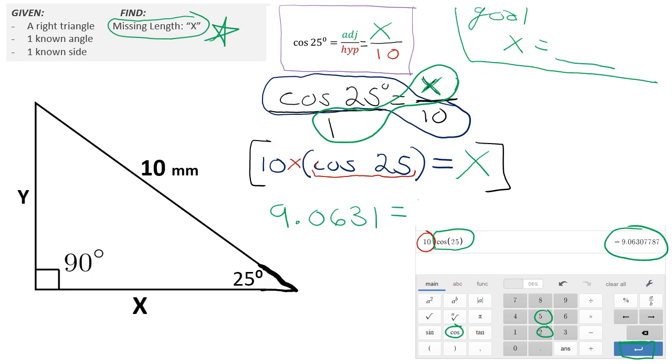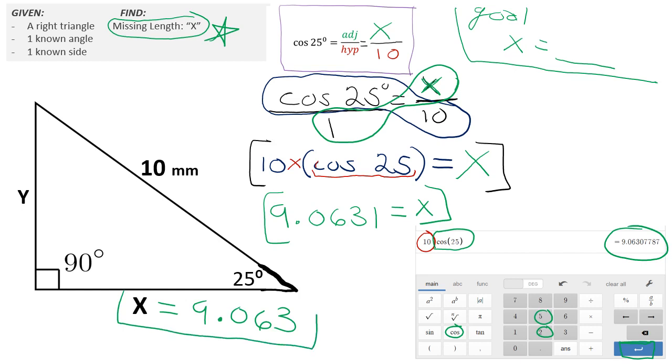That's rounded. So this x right here, I'm going to say 9.063. I'll just round it to 3 decimal places down there. So that is the length. This is actually 9.063 millimeters, because that's what the question is in here. So that's the length right there. Okay, so that is the length of this side.